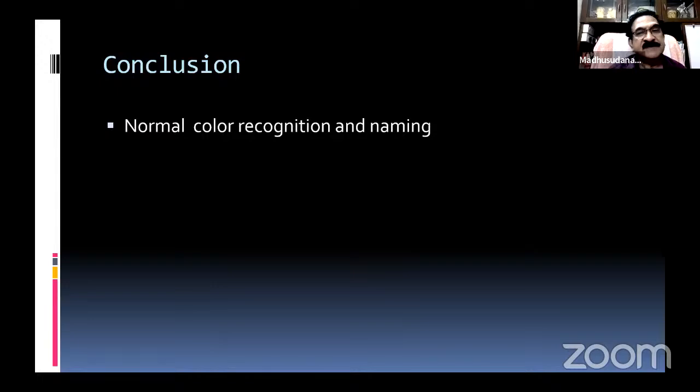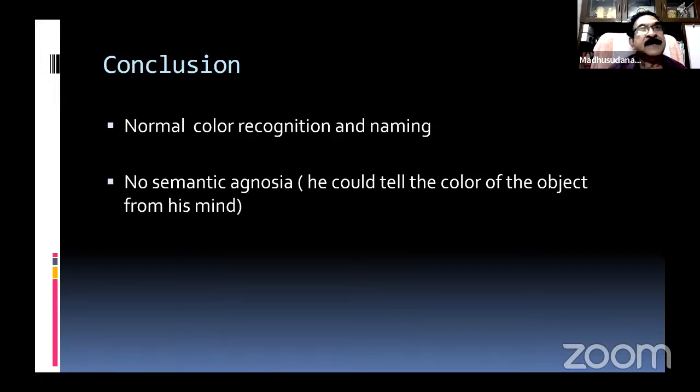So conclusion: normal color recognition and naming, no semantic agnosia. He could tell the color of the object from his mind. That means the memory of the object is also intact. Why I'm telling you this is that sometimes, if you don't ask that question, a person may say, what is it? I do not know. What is it used for? Still, I do not know.